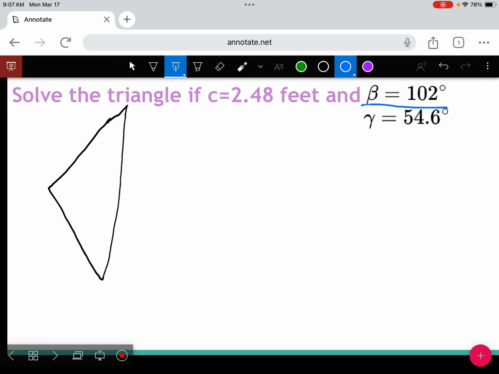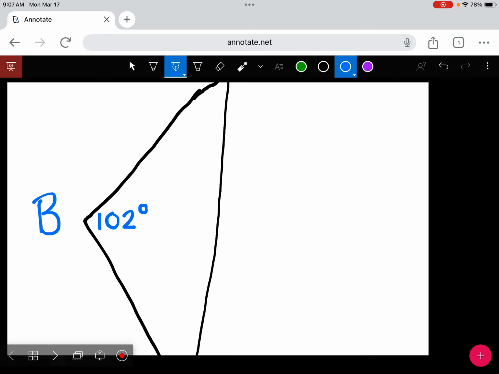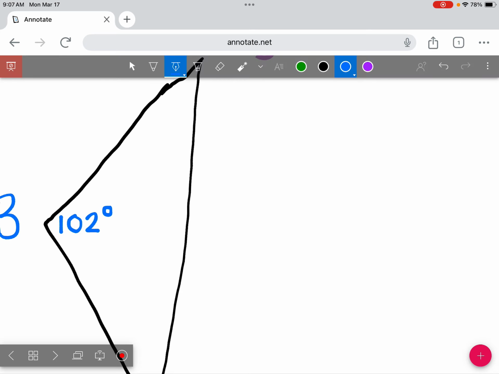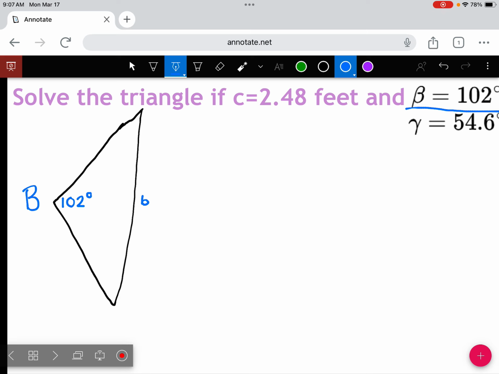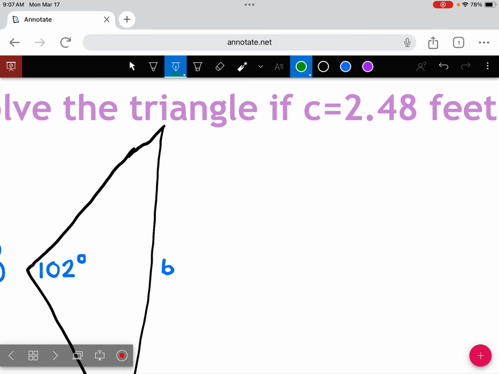And we do know that our obtuse angle is going to be 102 degrees. So this is going to be point B, so that our angle beta is 102 degrees. That means that this long side is our side B. Then we get to pick some of our other points. I'm going to name this one A up here.